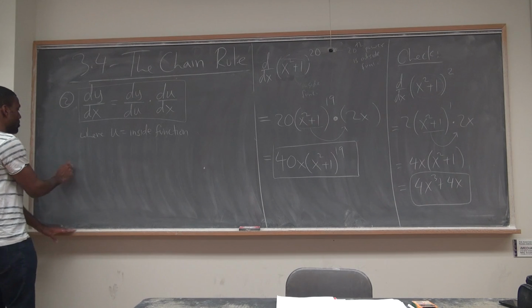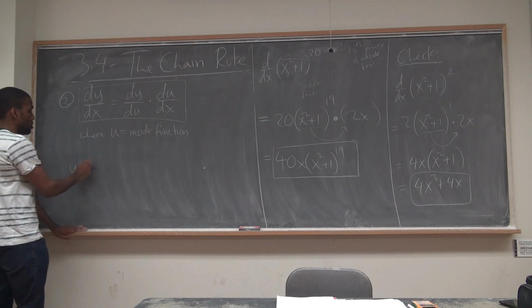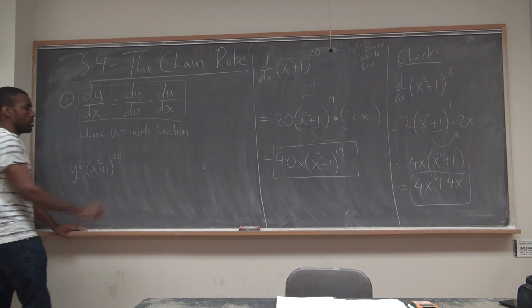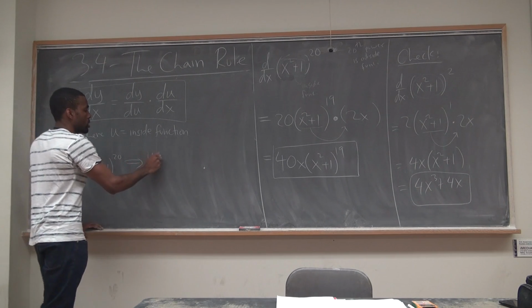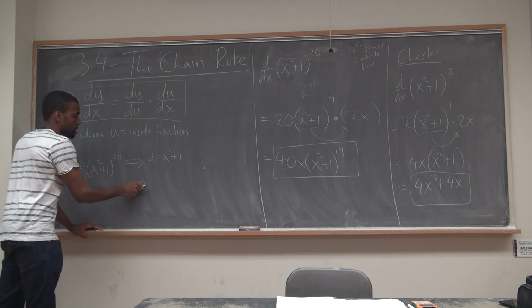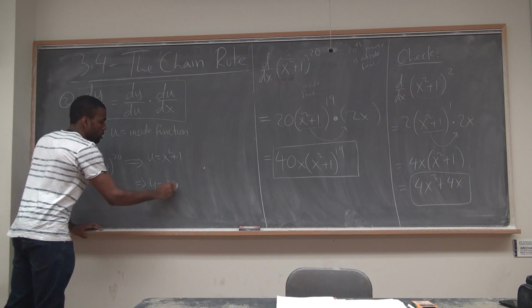So if I'm given y is equal to (x squared plus 1) to the 20, then I can say u is equal to x squared plus 1, which means my y just looks like u to the 20.